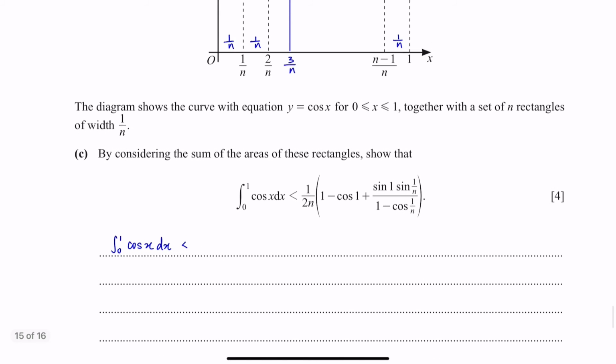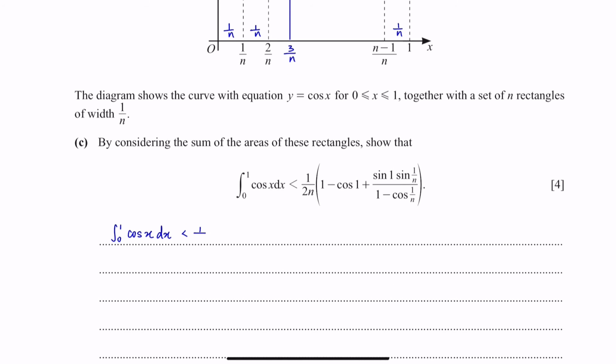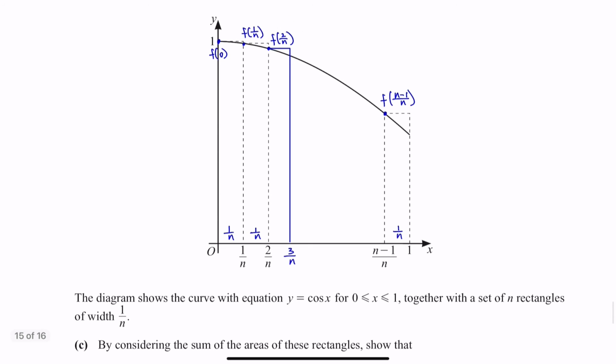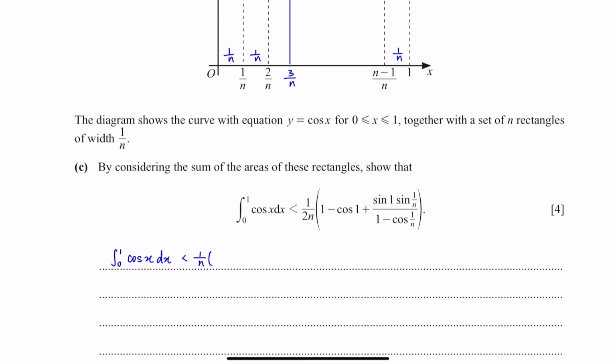So we have, like what I said, the width of each rectangle is 1 over n, 1 over n times the height. The height of the first one is f0, which is 1, plus the second rectangle has a height of cos 1 over n. The third has the height of cos 2 over n, so on and so forth.